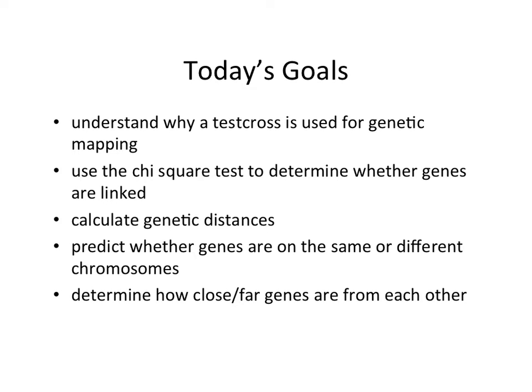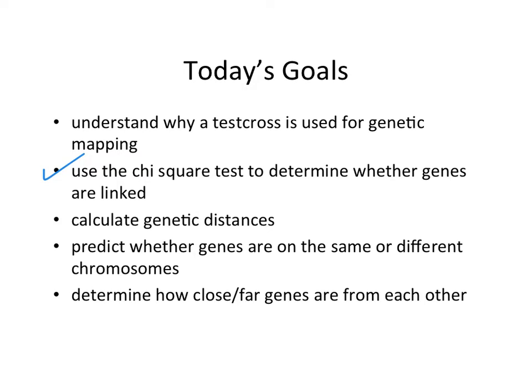Okay. So today's goals for this section of this chapter are to figure out what a test cross is. It looks from the Socrative results like that's definitely something to cover. We've already used the chi-square test. We're going to calculate genetic distances, and that all comes together. Why do we care about calculating genetic distances?